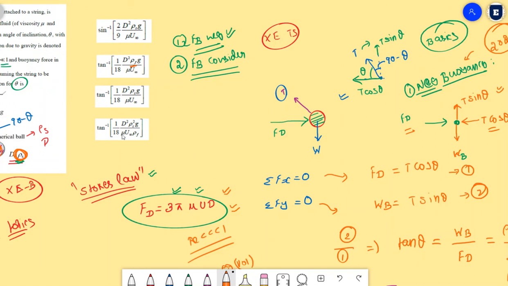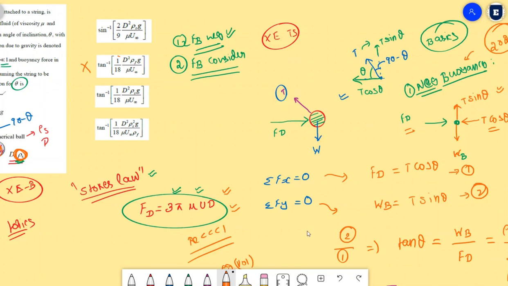All the other 3 options have rho s only. In some urgency, there is a possibility of students picking this option, but this is completely wrong. Why? Because the density has to be the density of the solid, but here you are taking the density of the fluid, so this is wrong. This is the first common silly mistake. Even if you had attempted this paper, you might also have made this mistake. So this is the first common silly mistake which you will make.